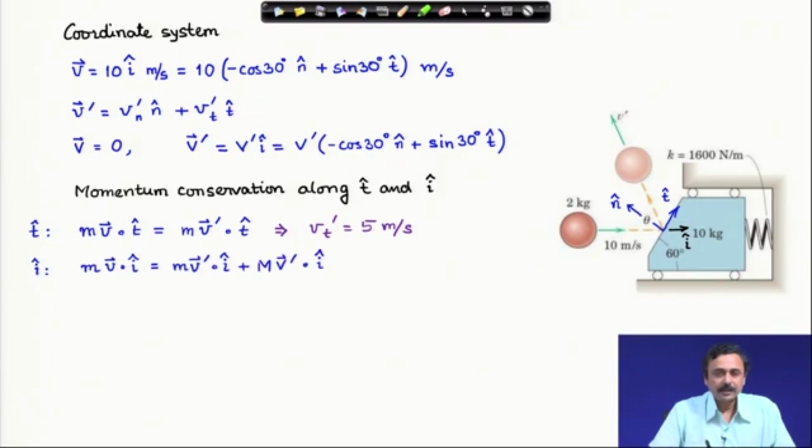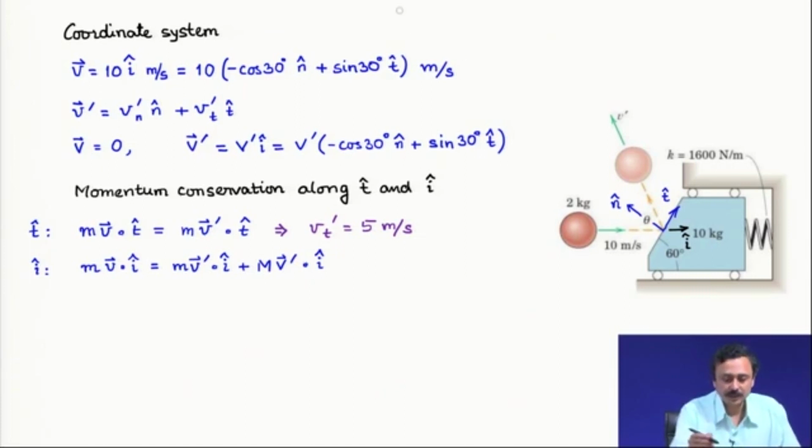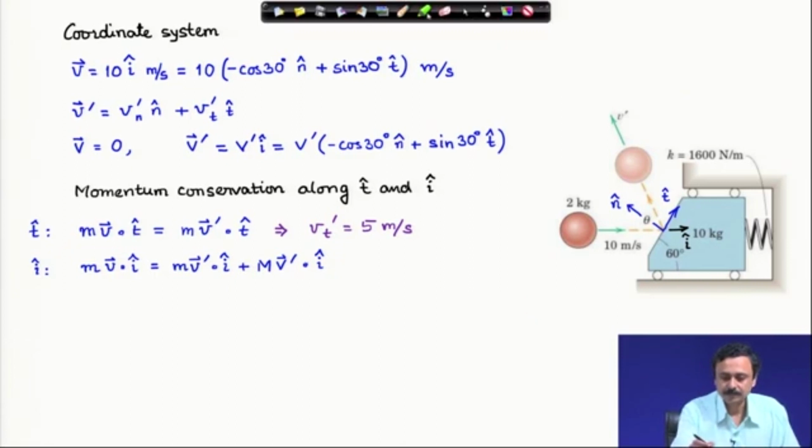Let us look at this linear momentum conservation along the I cap direction. Now, our linear momentum equation we can write very easily. M v. Now, you can think about this thing.